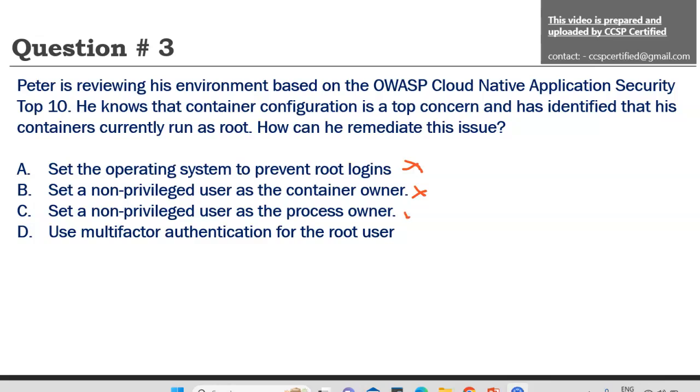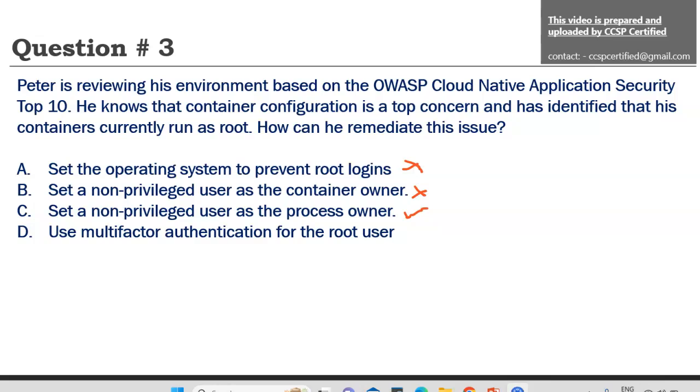This is the right answer, but we'll read one more option and then come back to this. The last one is to use multi-factor authentication for the root user. MFA looks sketchy, and people go with such options. ISC2 also puts in such options which look sketchy and people select them. MFA is good to have for root account security, but here we are not asking about root account security.